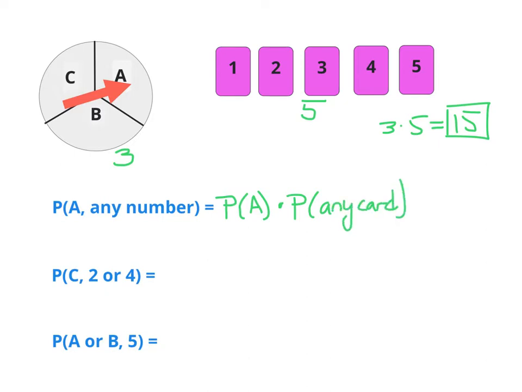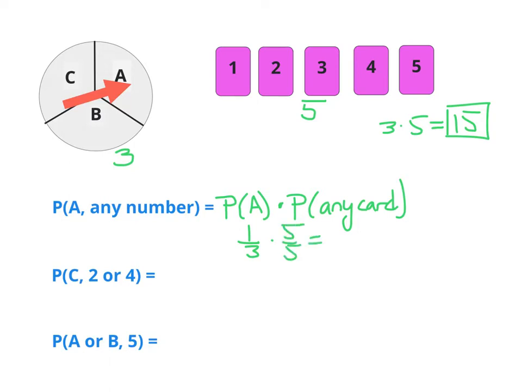So the probability of spinning an A on this spinner is 1 chance out of 3, so the simple probability would be 1/3. Now the probability of pulling any card from this deck of cards would be 5 chances out of 5.